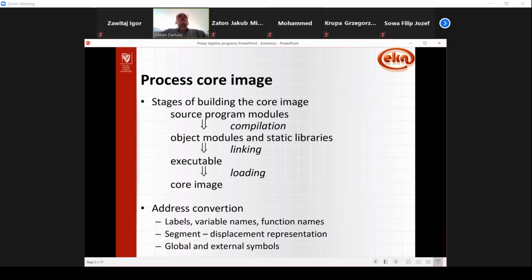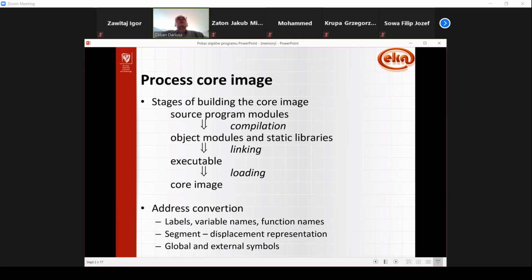Okay, so you have some modules which are built directly from compilation by you, and you have additional modules which are added by extracting from static libraries.